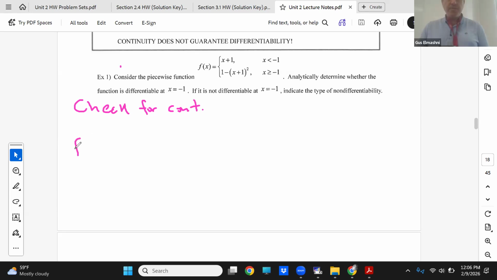So f of negative 1 is going to equal 1. The left-hand limit is going to be 0. The right-hand limit is going to be 1. So actually, the limit does not exist, right?